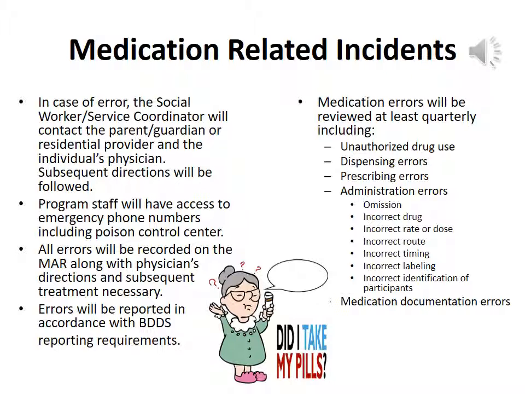Program staff will have access to emergency phone numbers, including the Poison Control Center's phone number. Those phone numbers are located at different places in different facilities, so ask the service coordinator at the facility you're at where you can find that phone number. All errors will be recorded on the MAR along with the physician's directions and subsequent treatment necessary.